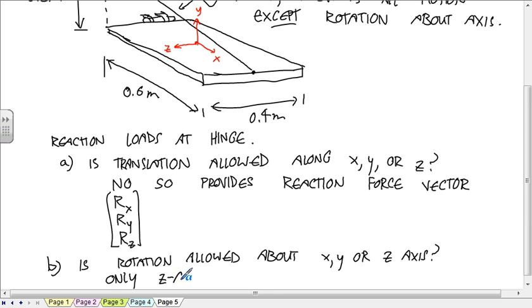Only the z-axis. So this provides a couple Mx, My, 0. Okay? You follow that?